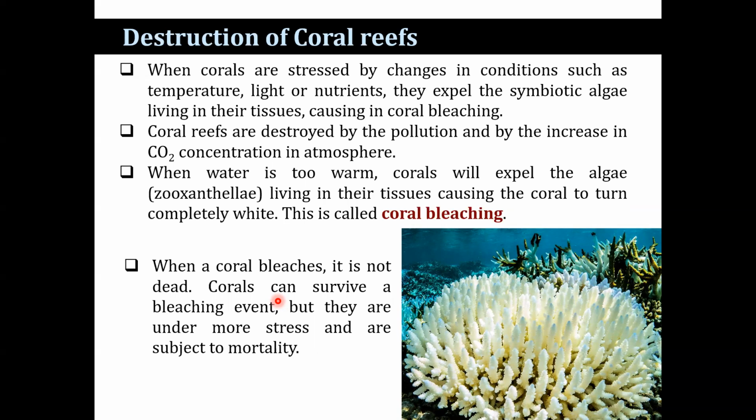When water is too warm, corals will expel the algae living in their tissues, causing the coral to turn completely white. That is known as coral bleaching. When a coral bleaches, it is not dead. Corals can survive a bleaching event, but they are under more stress and subject to mortality.